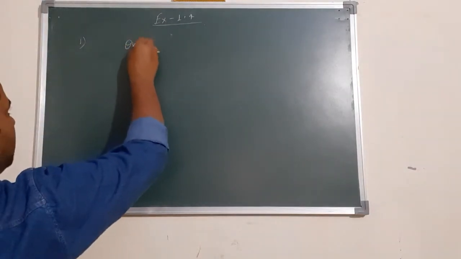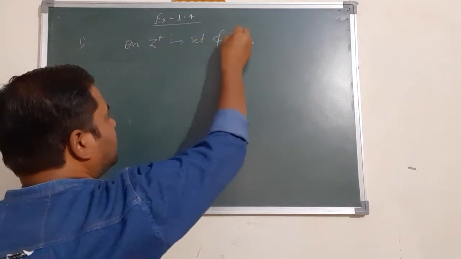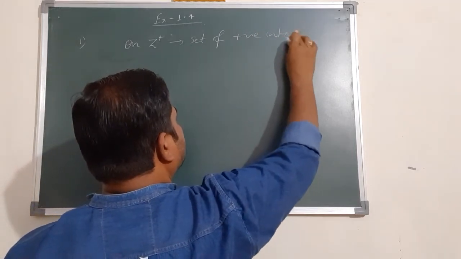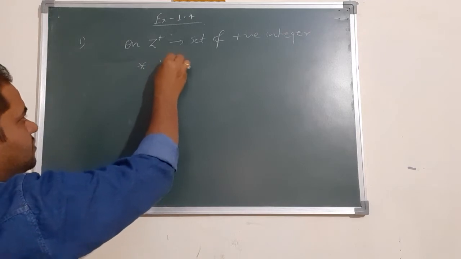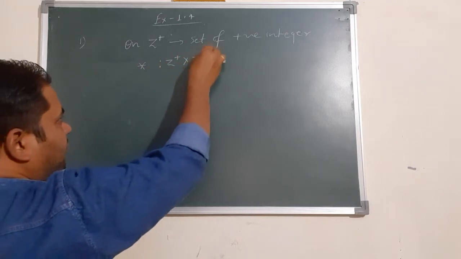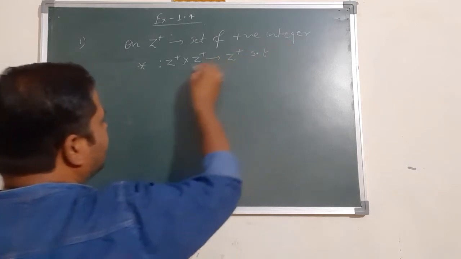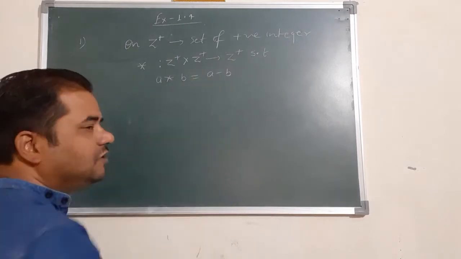Suppose on Z plus, that means the set of positive integers, star is defined from Z plus cross Z plus to Z plus such that a star b is equal to a minus b.